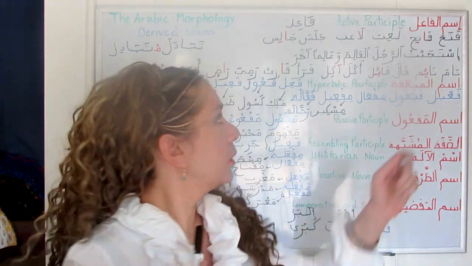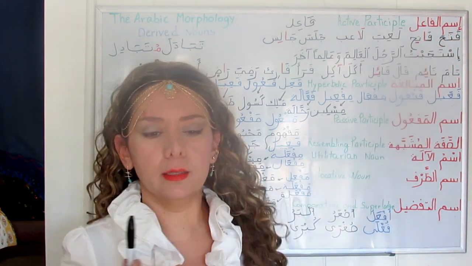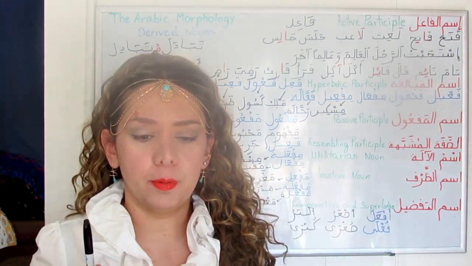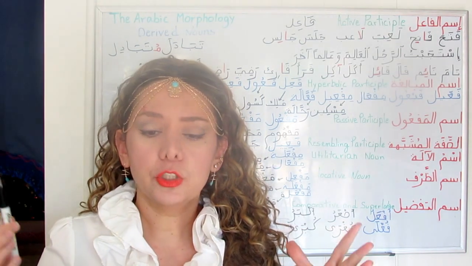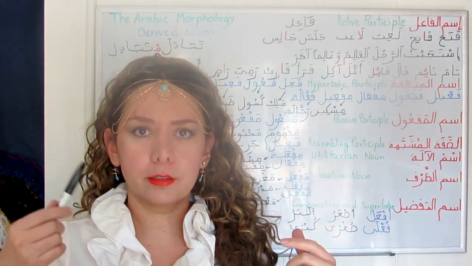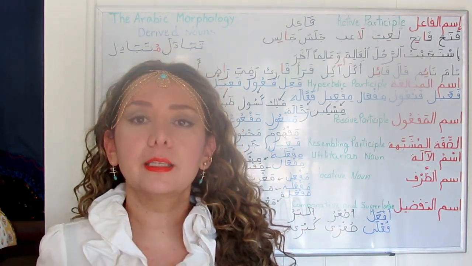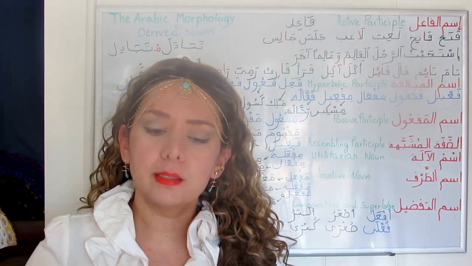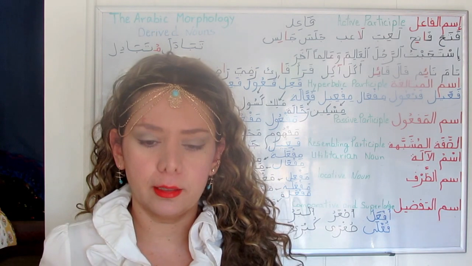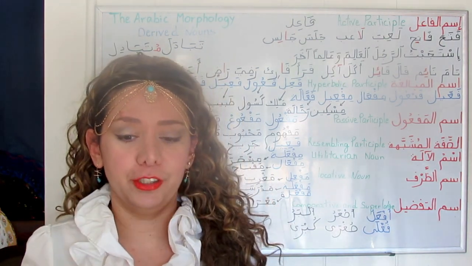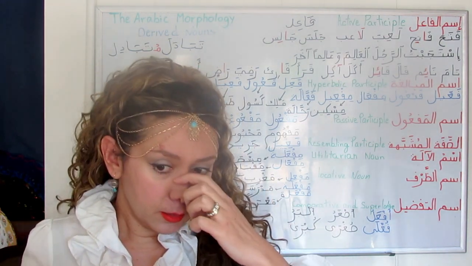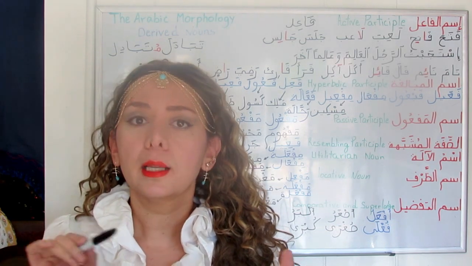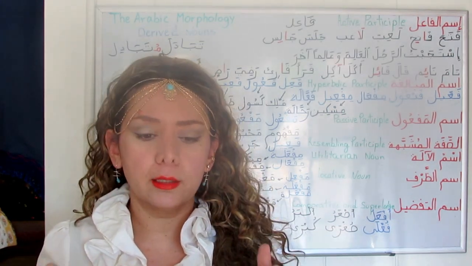First type, اسم الفاعل, active participle. It is a noun derived from masdar, a verbal noun, and it is the doer. It can be used in any grammatical position in a sentence, and its function is at the word level, not the sentence level.